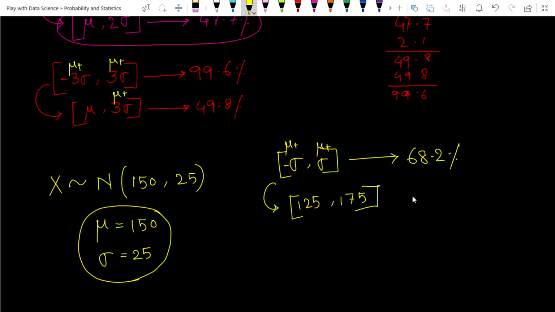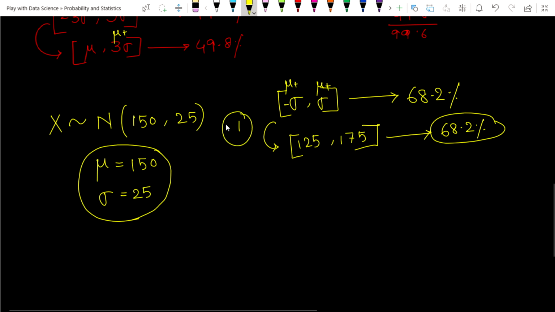So the height of 68.2% of the humans lies in this range, 125 centimeters to 175 centimeters. That is, 68.2% of human heights lie between 125 centimeters and 175 centimeters.